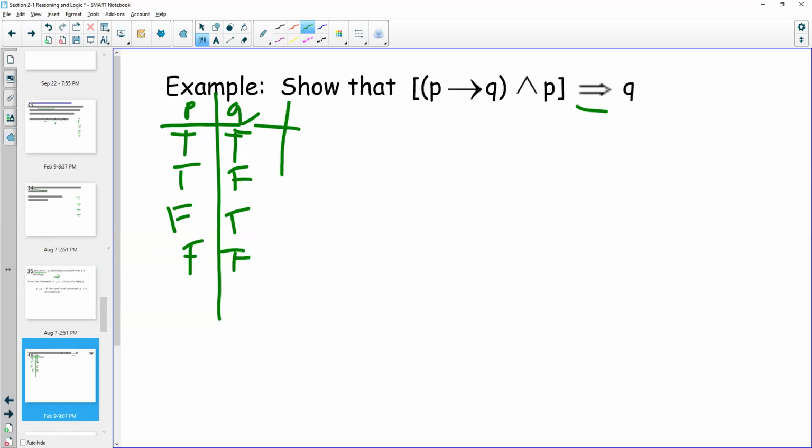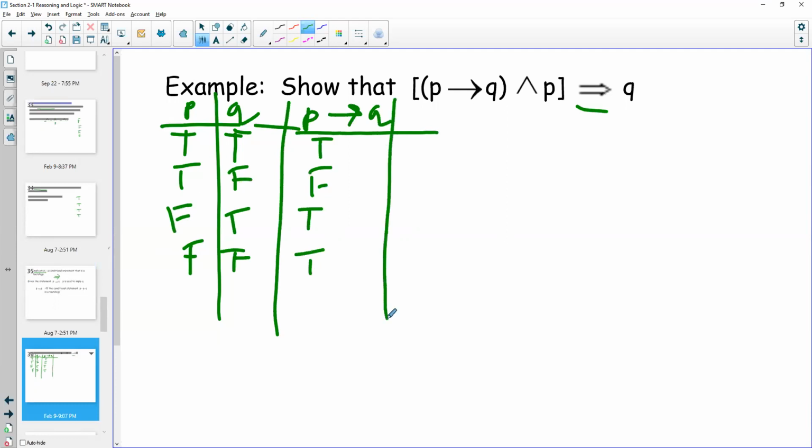Well, what do I need first? I need P, if then Q, right? And we know that that's only false when this promise is broken, right? So no matter what I do, it's true unless my promise is broken. So if I take that, this P, if, then Q, and I add on a P.